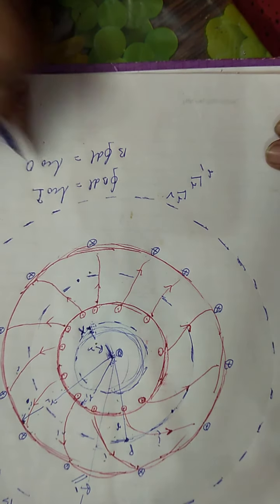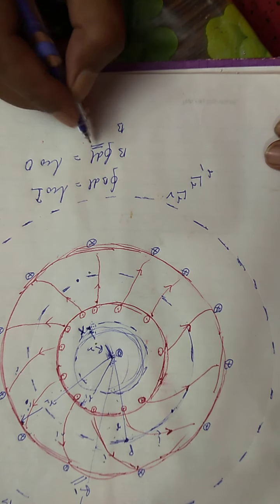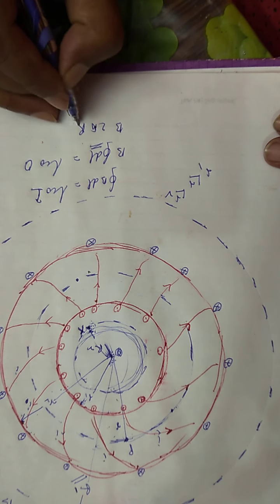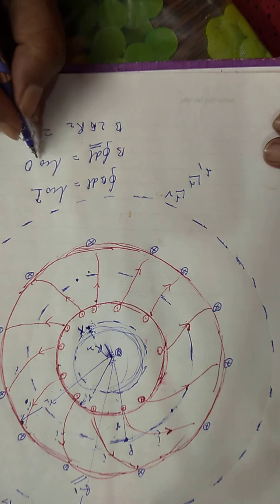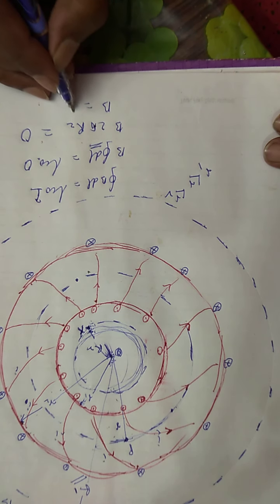So I should be 0. So whatever the value of dL, it is going to be B times 2 pi R2, where R2 I have taken as the radius, and it should be mu naught into 0, which is 0. So B is also equal to 0 here.